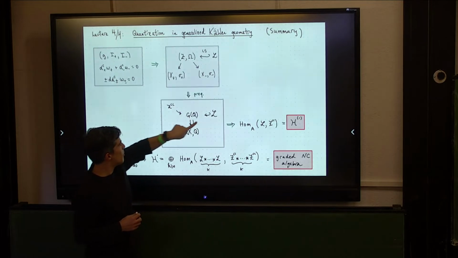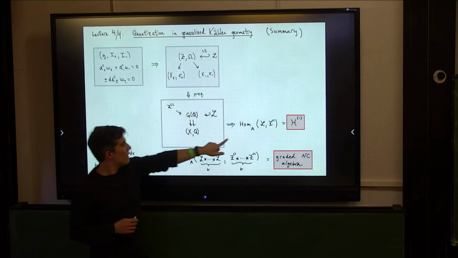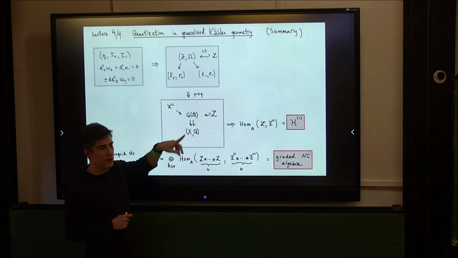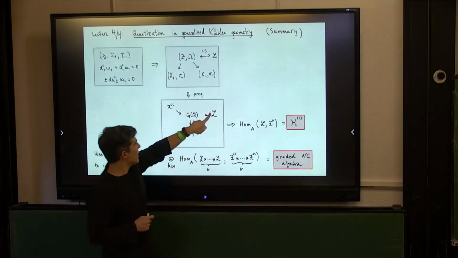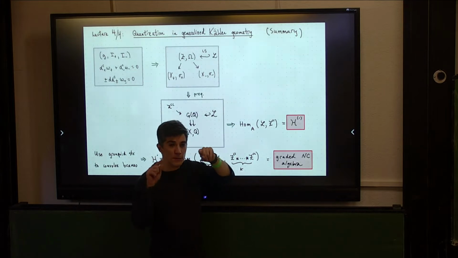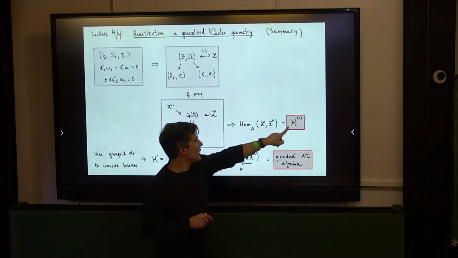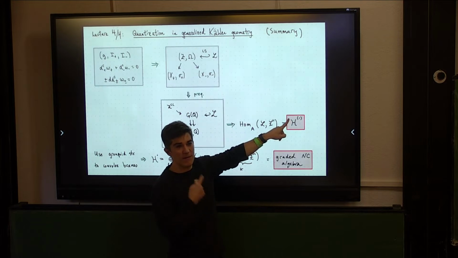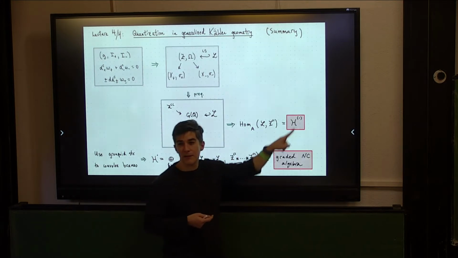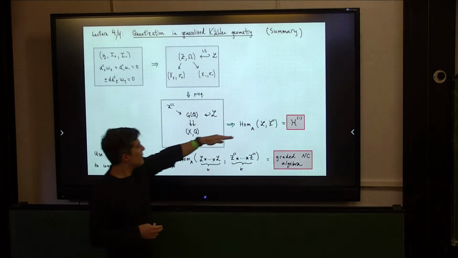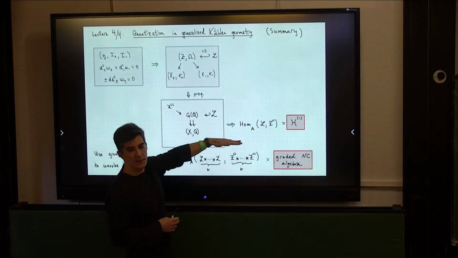Because it has 2 branes, we can exploit the A model of this symplectic structure, a topological 2-dimensional model, use boundary conditions L and Z, and then take homomorphisms in the A model to get a Hilbert space. I won't describe the Hilbert space structure, but I will describe the vector space structure. So I get a vector space. That is the proposed quantization of a GK manifold. That's the main point of today.